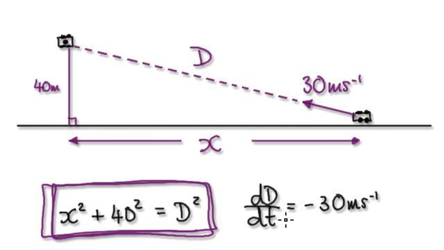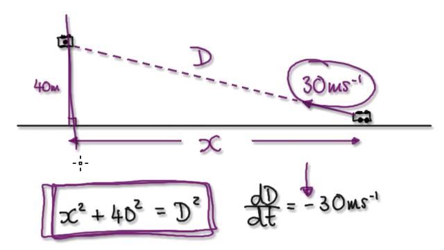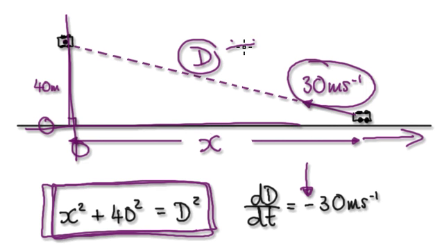Now dD by dt, well, we said it's moving 30 meters per second, but we've got to stick a negative in front of the 30. If you think about it, this is like your graph here, 0, 0 here, and if x increases, then D gets bigger and bigger.